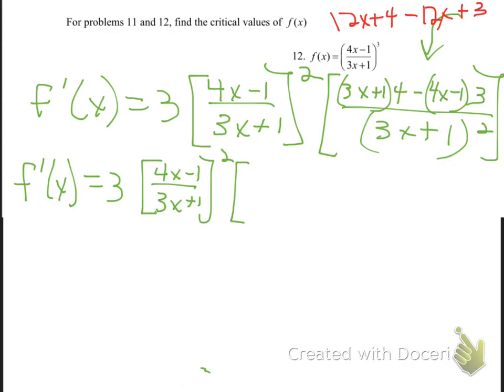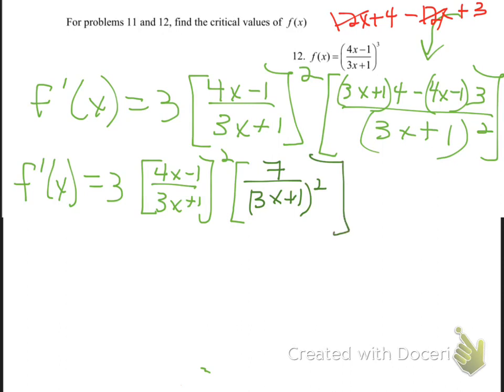It looks to me like the 12s will cancel and I'll just have 7 in my numerator. So this numerator that was a mess turned into just a plain old 7. And then I have 3x plus 1 squared.